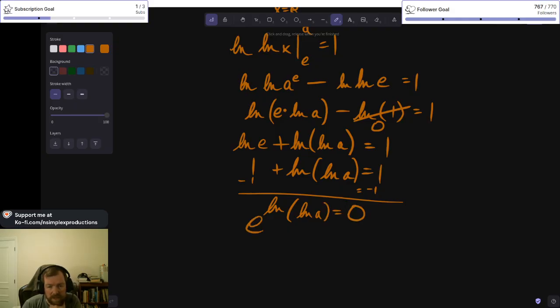And then raise e to both of those sides. We get e to the natural log of a, I don't usually cross out like that, but effectively it does the same, so we're going to eliminate that particular term. We're just left with a equals e to the 0, which is going to be 1.